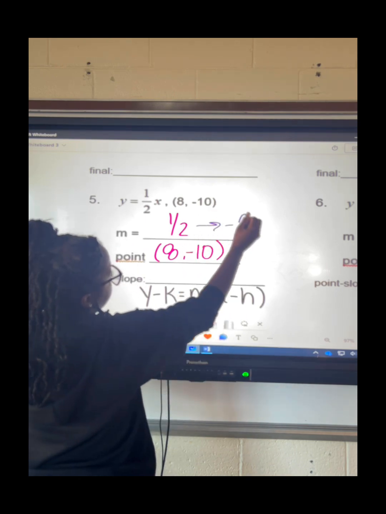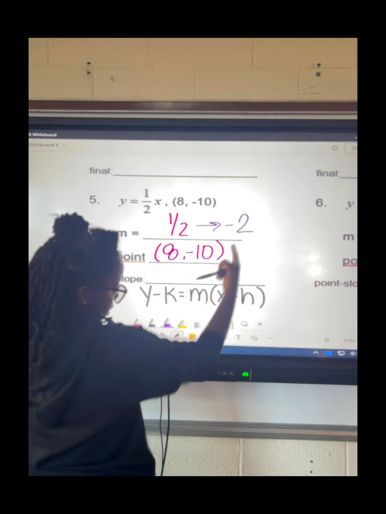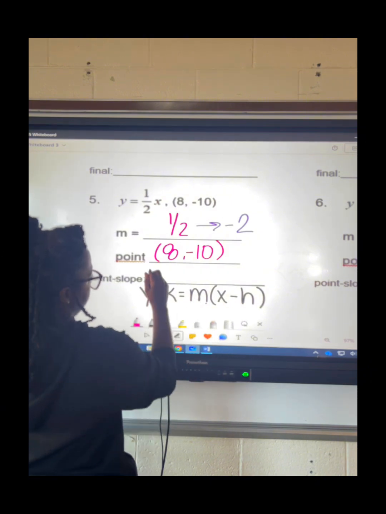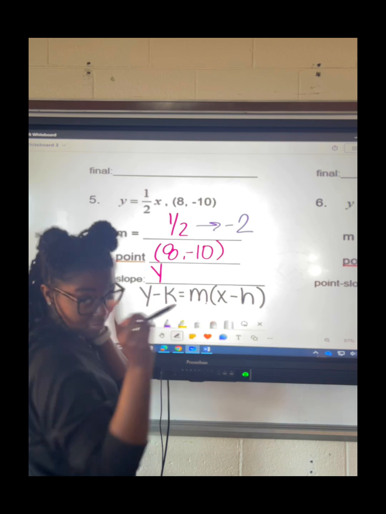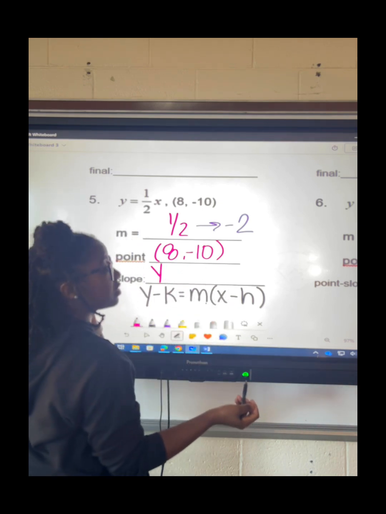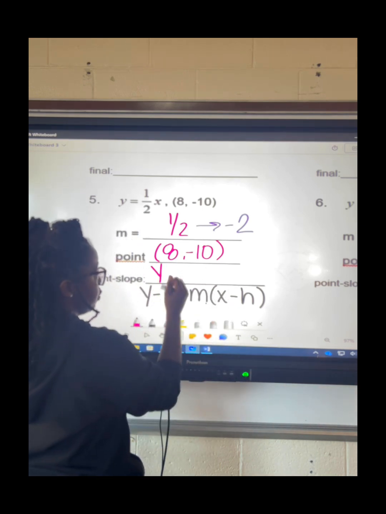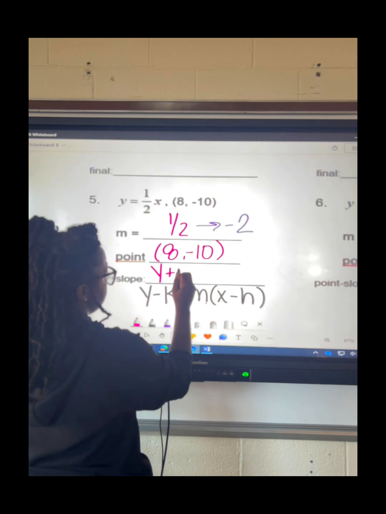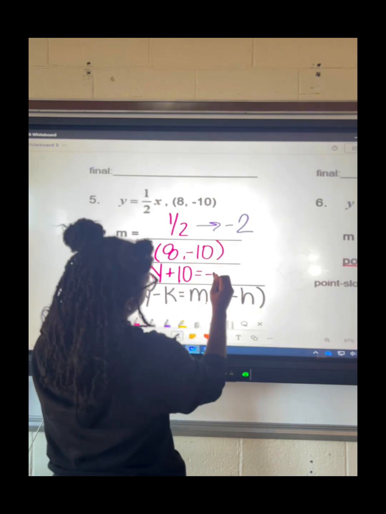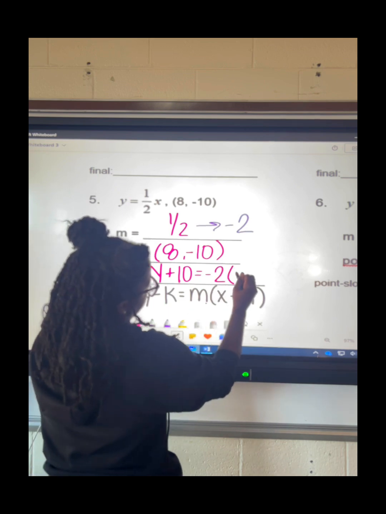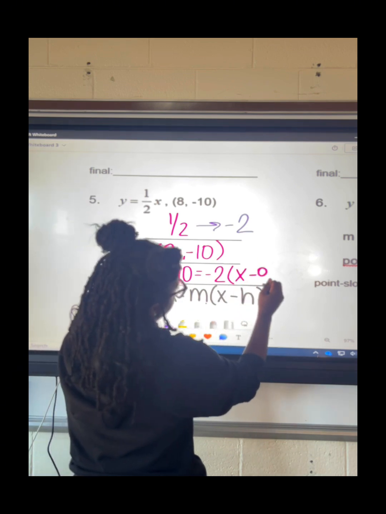Because really it would be -2/1, but -2. So now I'm ready. My k is -10, so I changed my minus sign to a plus because it's a -10. M is -2 now. X minus 8.